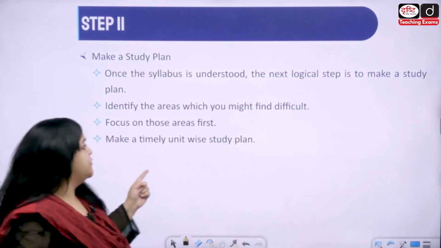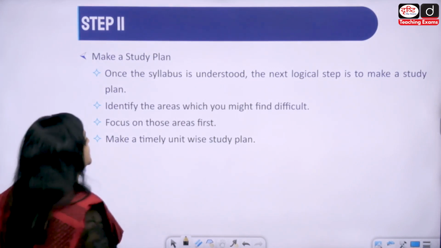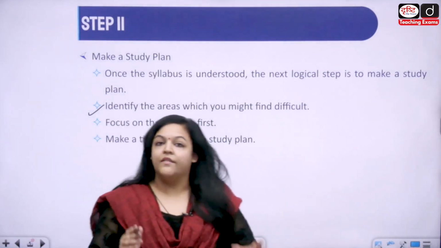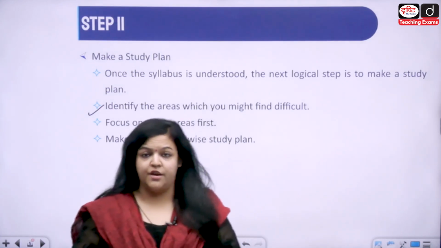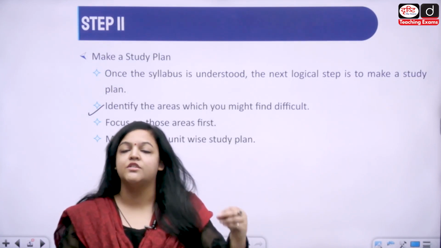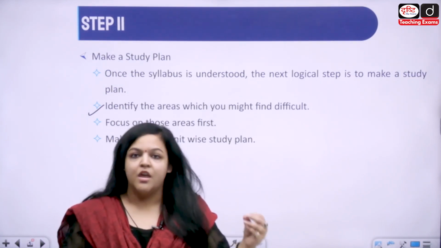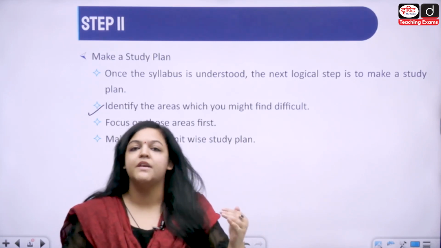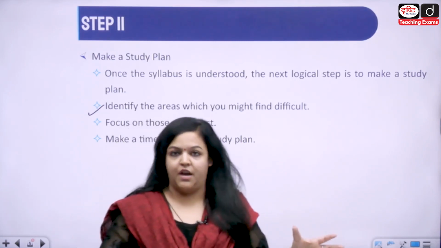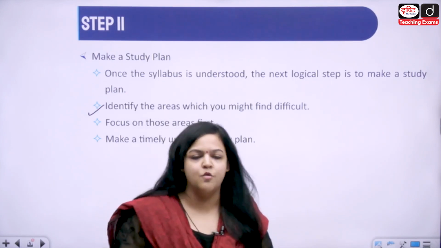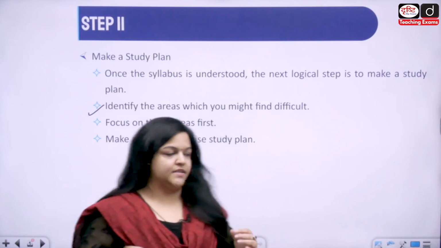So what did I do? I identified the areas which I found difficult. Then I focused on those areas first because I knew that these areas are going to take me a lot of time. So I planned my schedule according to those areas, gave those areas enough time so that I can make notes, study and learn those things.